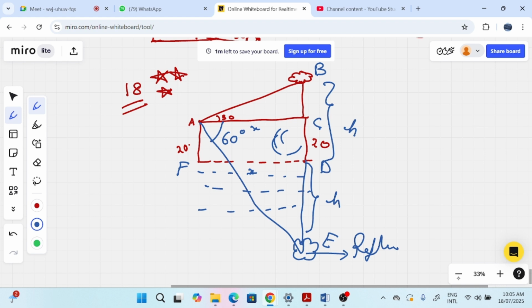Ma'am, so it's basically 6.66 into 2. Basically it's my answer, but it's twice the answer that I have not corrected. Wait.